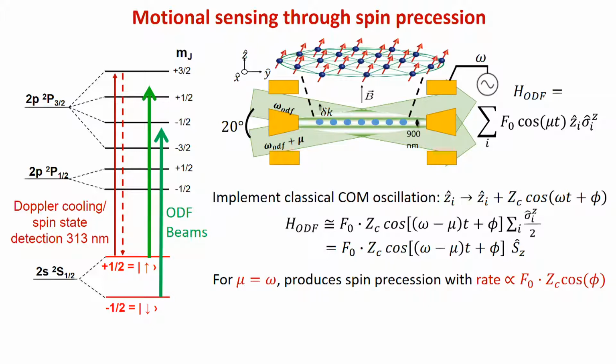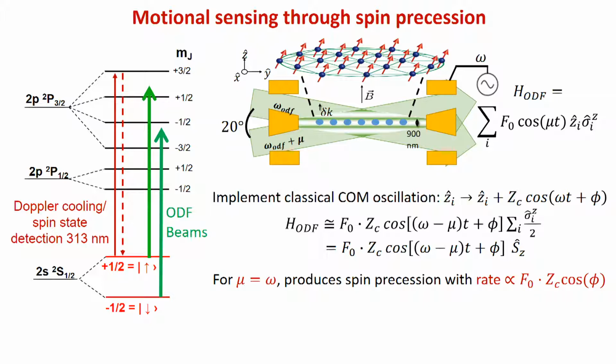If I take this, plug it back into this interaction, you can see that I'm going to get a term which is a product of two cosines, and they're going to beat down and give me a term at this difference frequency. If I put the frequency of the spin-dependent force equal to the motional frequency, this is just going to give rise to a constant AC Stark shift across the ion crystal.